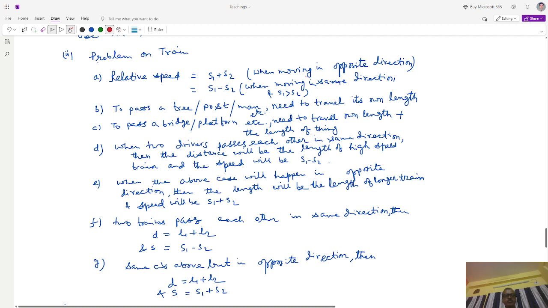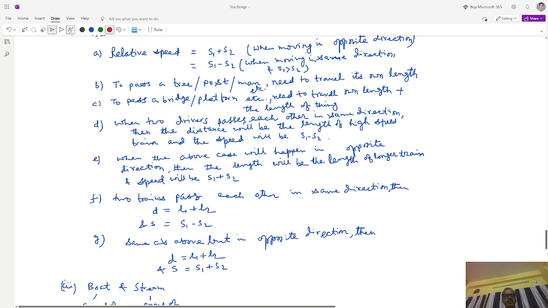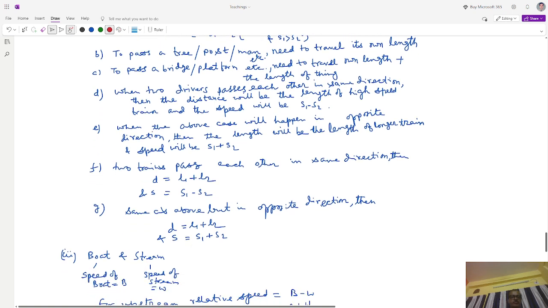If two trains pass each other in the same direction, then D equals L1 plus L2 and S equals S1 minus S2. Same as above but in opposite directions, then D equals L1 plus L2 and S equals S1 plus S2.